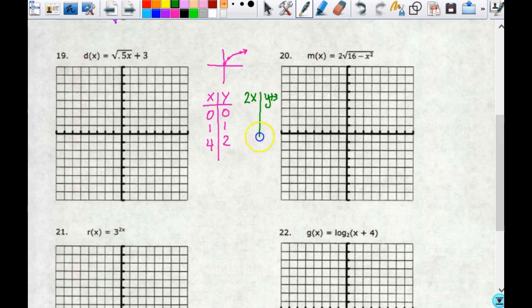So this is 0, 2, 8, and 0, 4, 5. So I still have 0, 0. Now I'm at 2, 4, and I'm at 8, 5.